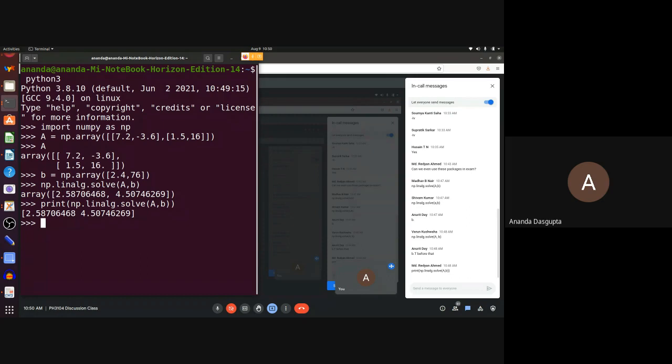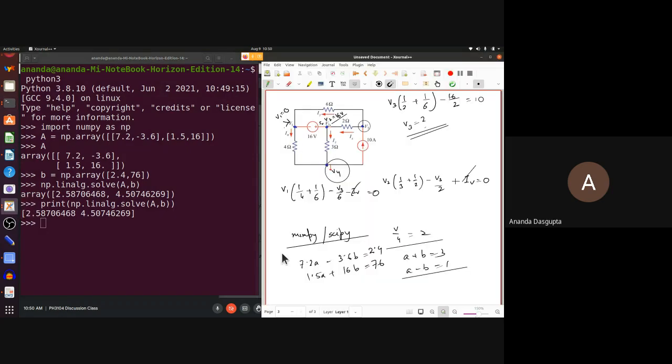The only thing you have to remember is to import NumPy first and then define the arrays properly. I'm pretty sure everybody, even those of you who have not done this before, should be able to recognize that all you're doing is putting 7.2, minus 3.6, the first two elements, inside a list. So square brackets are essential. Then 1.5, 16 inside another list, and putting them both inside a bigger list.